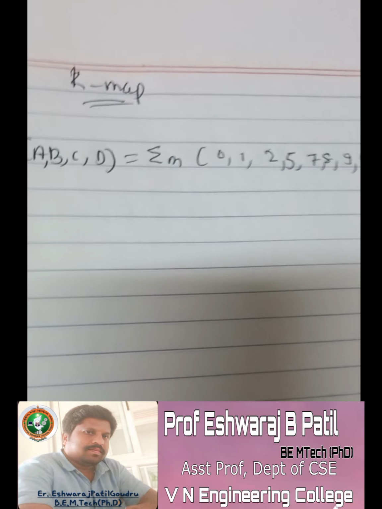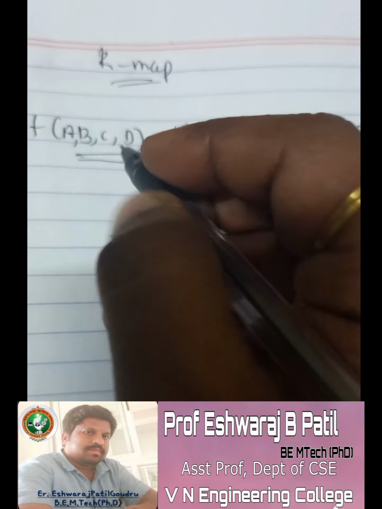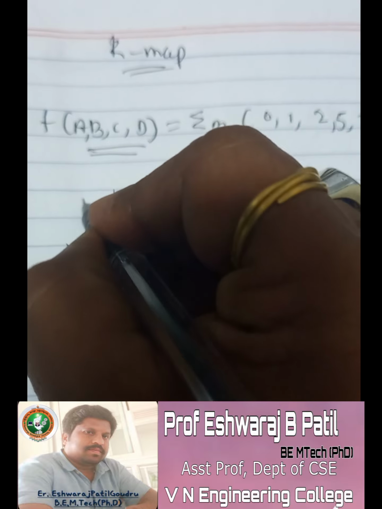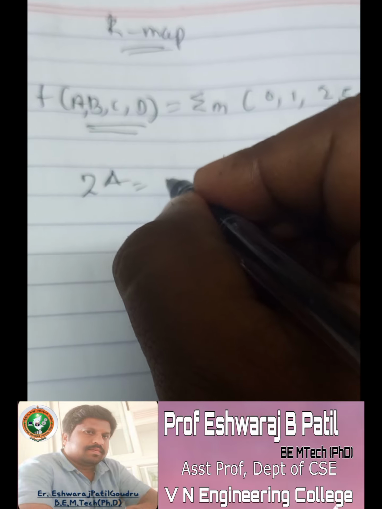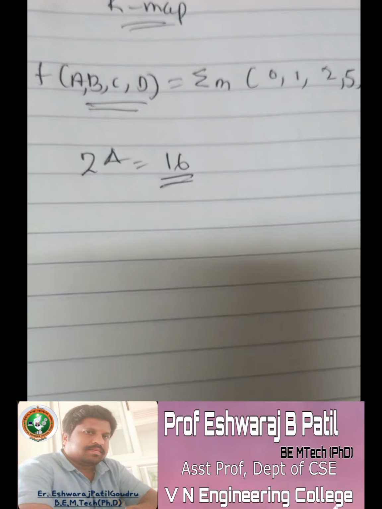I have 4 variables here, so my K-map should consist of how many cells? 2 to the power of 4 is nothing but 16 cells of K-map that I have to design here.